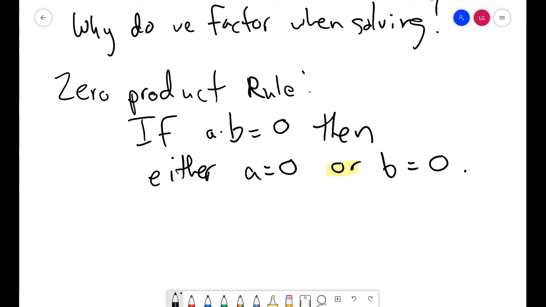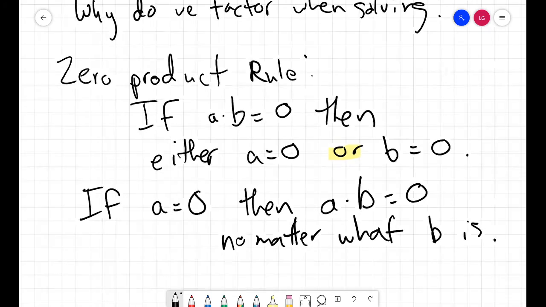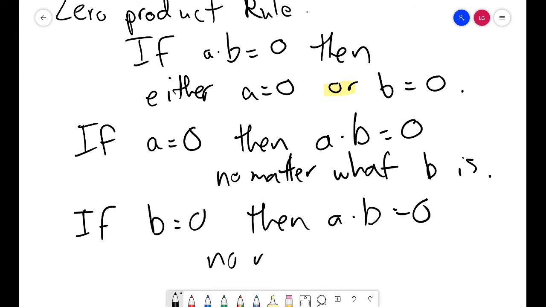In other words, if A equals zero, then A times B is zero, no matter what B is. And similarly, if B equals zero, then A times B is zero, no matter what A is.